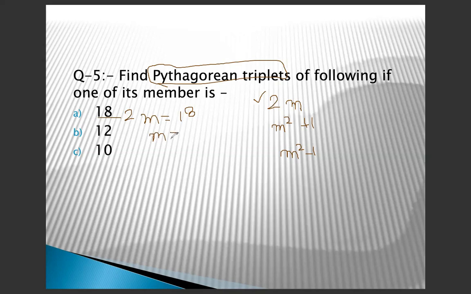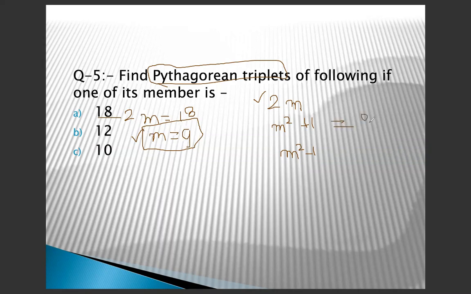Okay, like this you have to find the formula. So our one member becomes 18, and the value of m becomes 9. So if we use m square plus 1, that means 9 into 9, 81 plus 1 becomes 82.